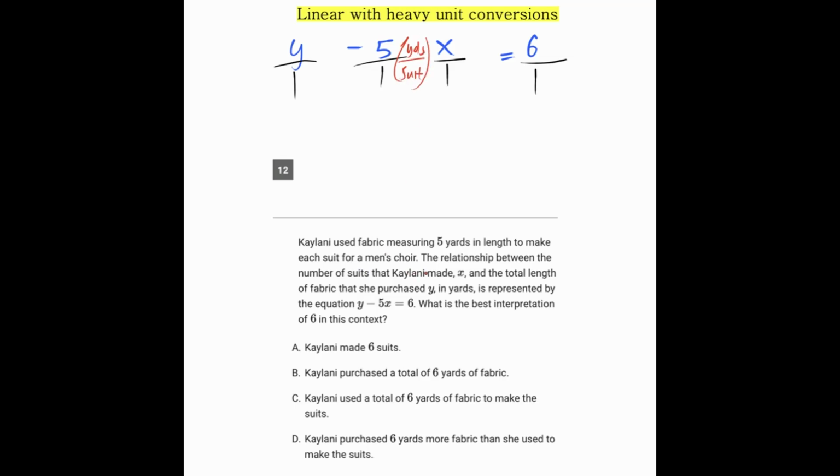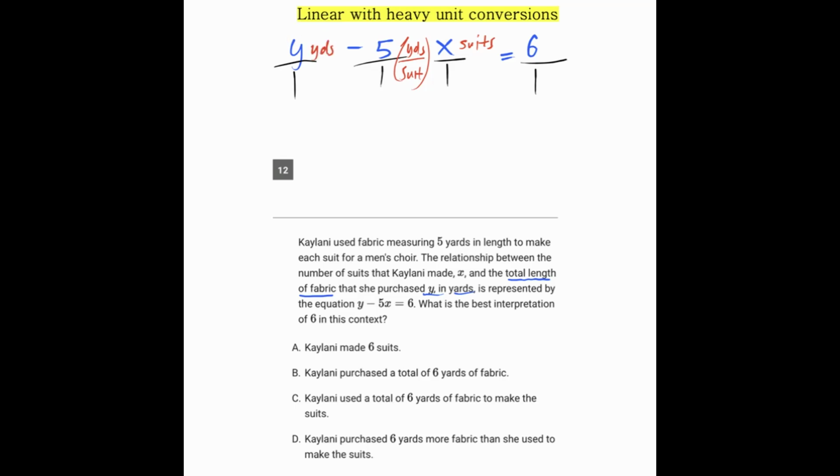We're also told that x is the number of suits. Last but not least, we're told that the total length of fabric is y, and that's in yards. So y is the number of yards.